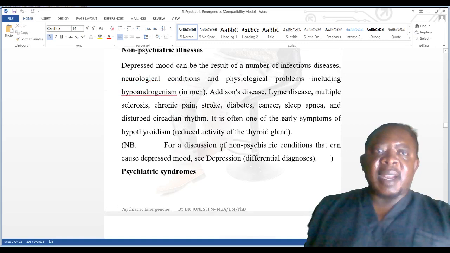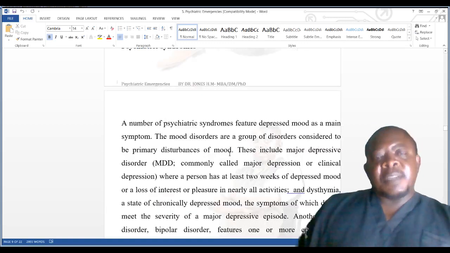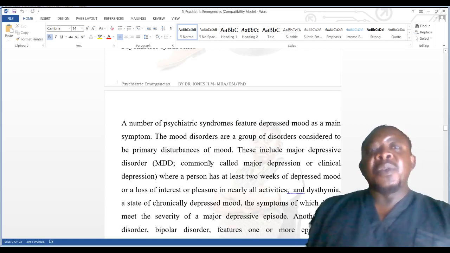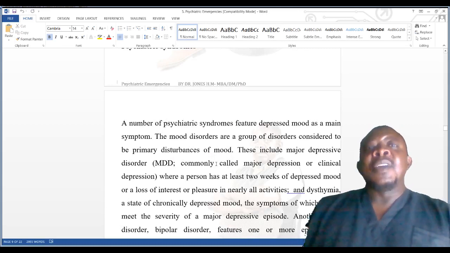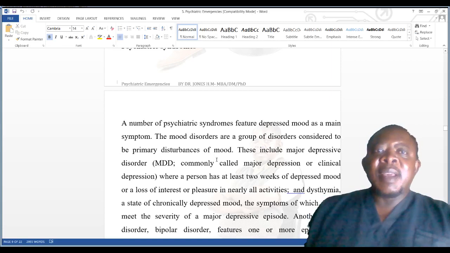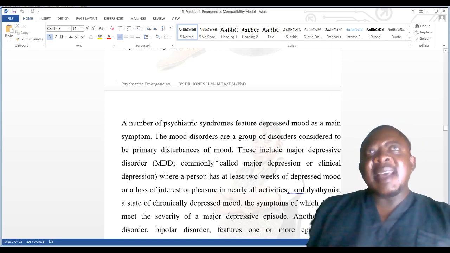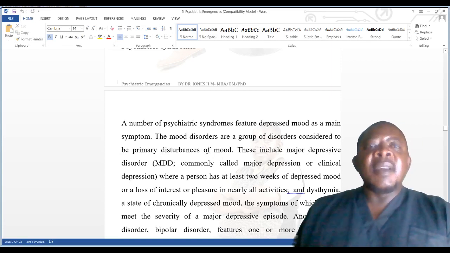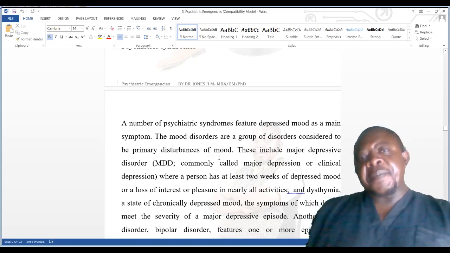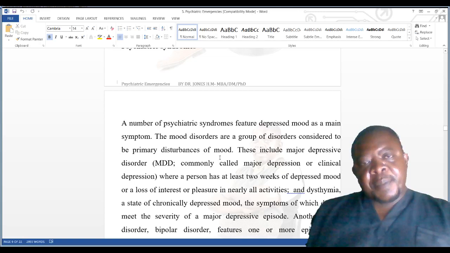Remember also that depression predisposes one to suicidal ideation and the likelihood of engaging in suicidal attempts. So, one who is depressed should not remain alone, or else they may decide to take their lives. So, that is why depression is looked at as a psychiatry emergency, because of the risk of the person taking their own life.